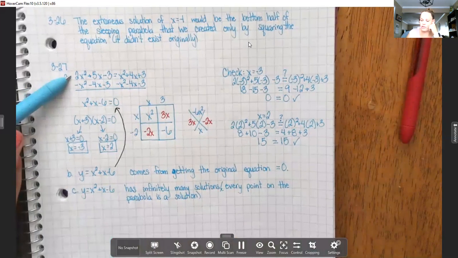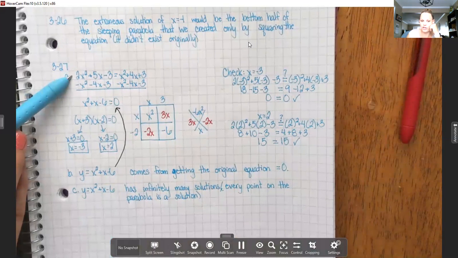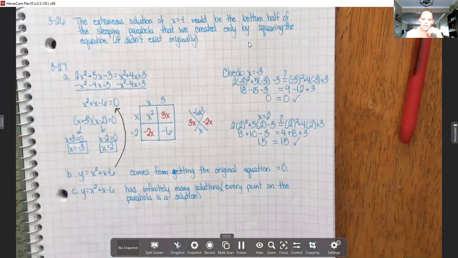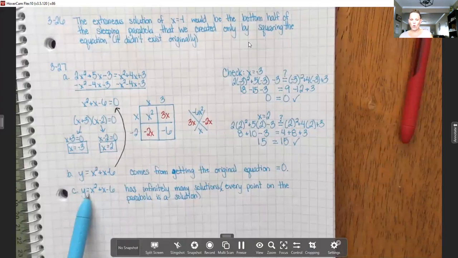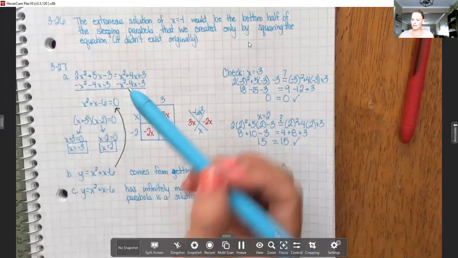But again, Gustav was trying to solve this original equation. So the question in the book says, if I graph this, where do I find the solutions to this?